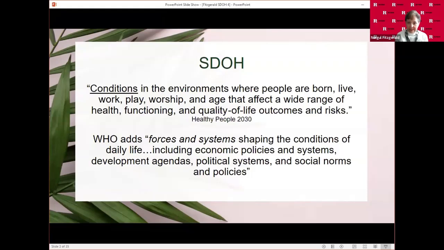And these forces and systems then include things like economic policies and systems, developmental agendas, political systems, and social norms and policies. As you can see in this definition, there are elements of those more upstream factors influencing the conditions and then in turn leading to the effects on the health outcomes.